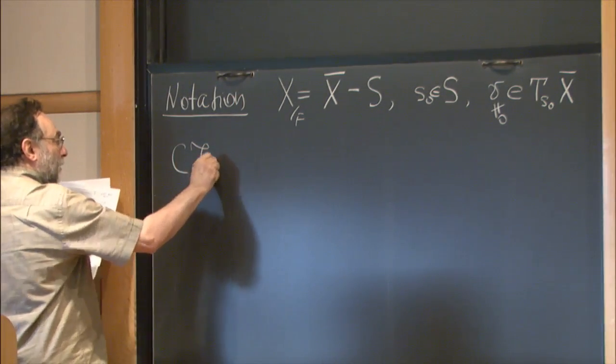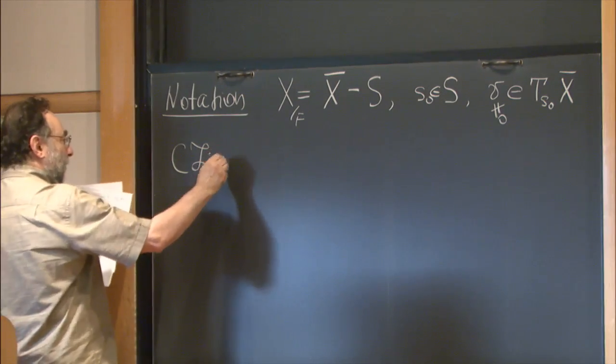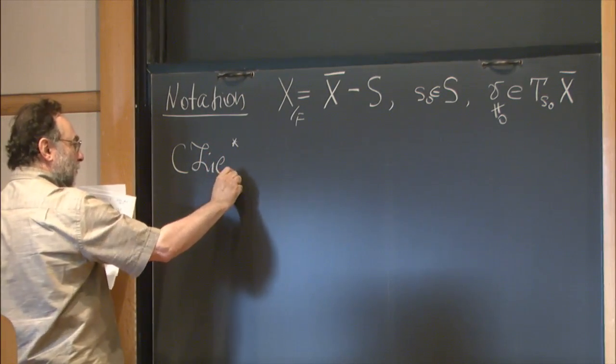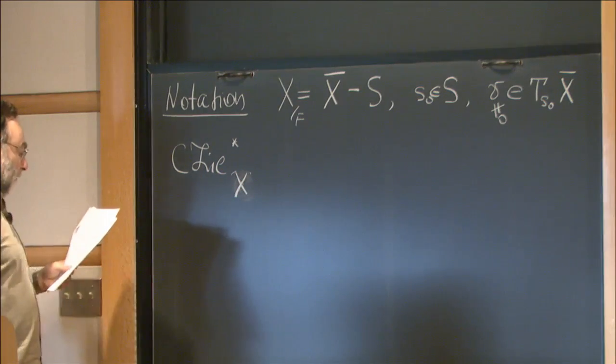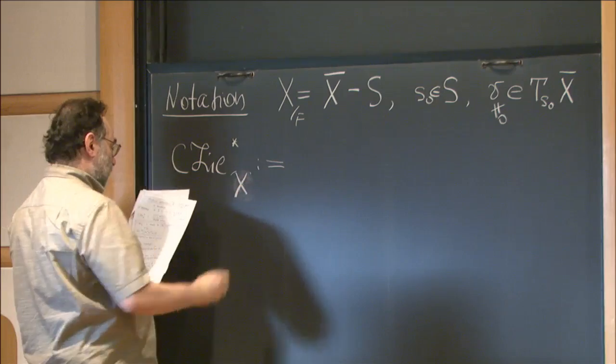the notation which I'm going to use is Cli. I'm going to introduce it again, so Cli X. This is a coalgebra, and it's defined as follows.